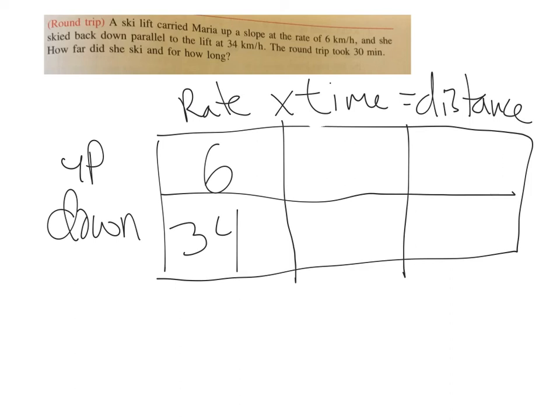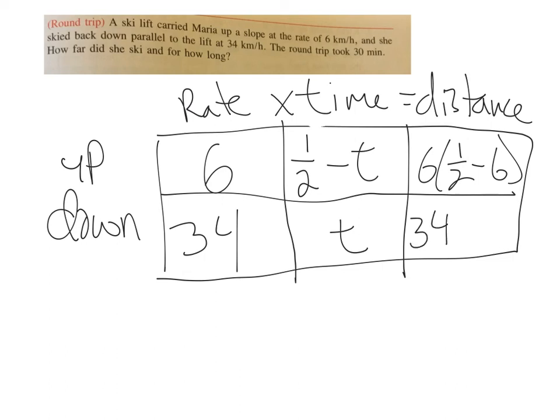So if we say that the time going down the slope was t amount of time, we can say that the time going up the slope was half an hour minus t, whatever time remained after we took away t amount of time for the 30 minutes. But we can't write 30 because our speed is kilometers per hour. So how much is 30 minutes of an hour? It's 1/2. So we'd say 1/2 minus t. So distance is going to be 6 times (1/2 minus t), and distance here is going to be 34t.